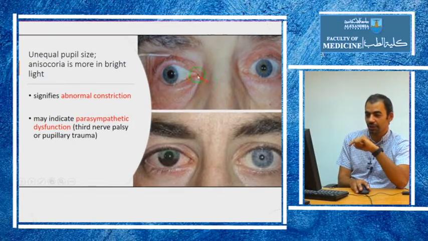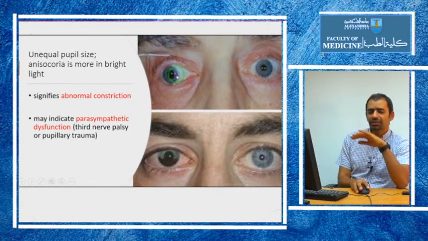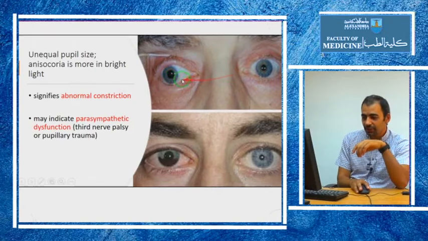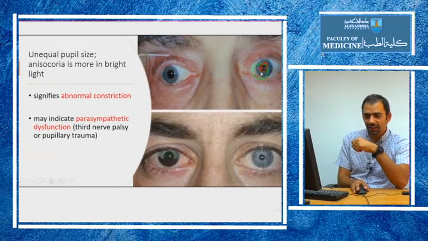As you can see, this patient is having ptosis, and we are elevating the eyelids using an instrument. The eye is turned down and out, and the pupil size on that eye is larger than that eye. When this patient is exposed to bright light, this eye will constrict normally, but this eye is unable to constrict, and this will make the anisocoria worse.